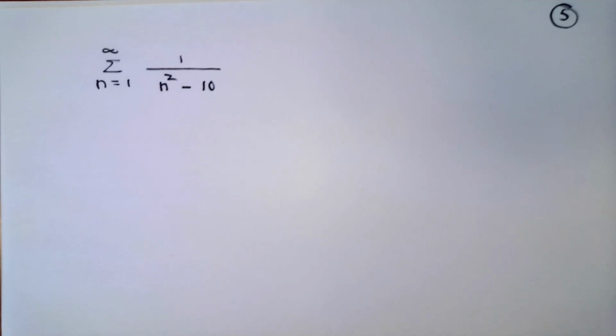In looking at the sum n equal 1 to infinity of 1 over n squared minus 10, this is very similar looking to what we just did a moment ago, but this time there are a couple of issues. Firstly, if you look at the n equal 1, n equal 2, and n equal 3 terms, you'll see that they're not positive.